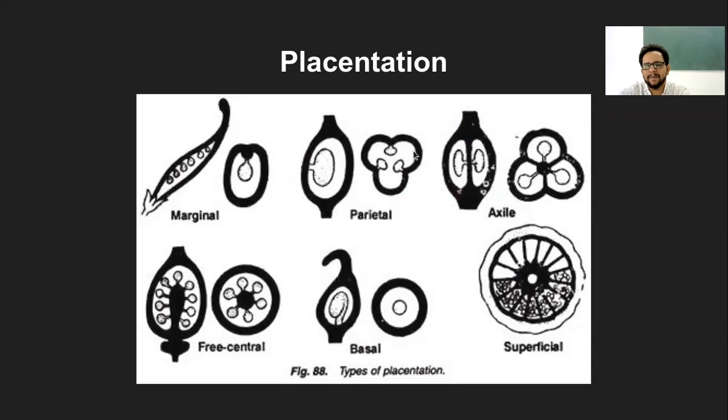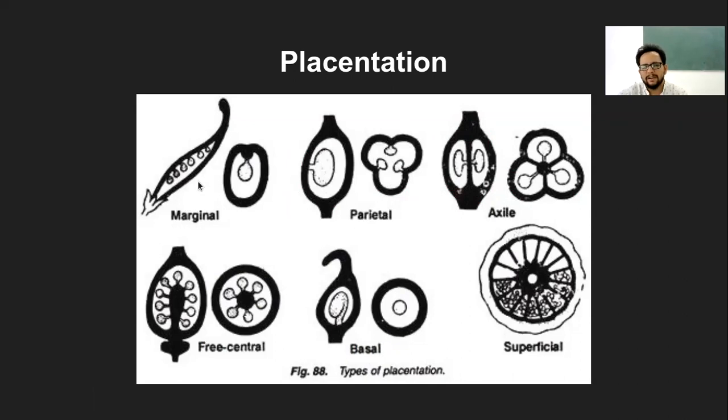And they can have a different orientation, like it is shown here in triplicate, and then there is a little inward the ovarian walls, which ultimately develop into the fruit part. And this is again parietal, where the ovule is attached to the inner wall, while in the case of marginal it is attached to the side or the outer wall.